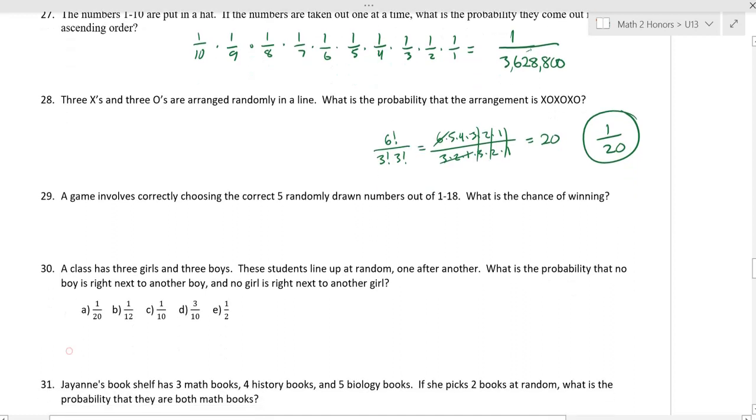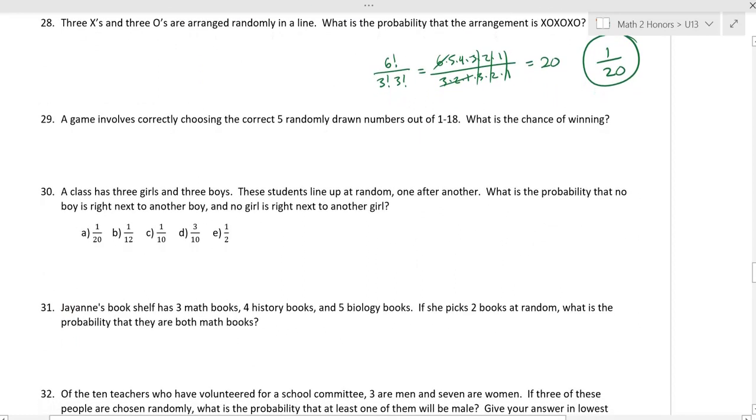29, a game involves correctly choosing the 5 randomly drawn numbers out of 1 through 18. What's the chance of winning? Well, let's see here. We're going to choose 5 numbers out of 18.